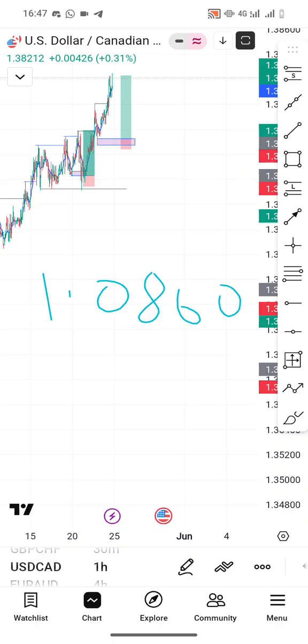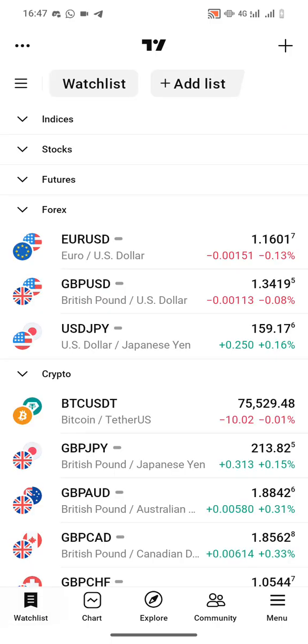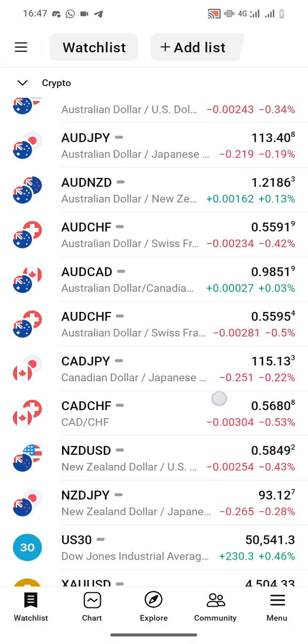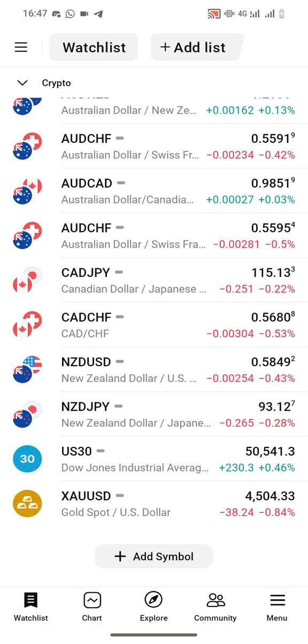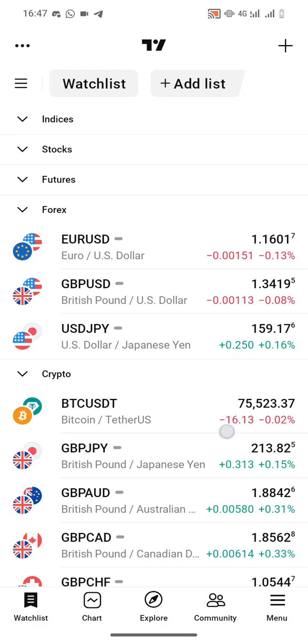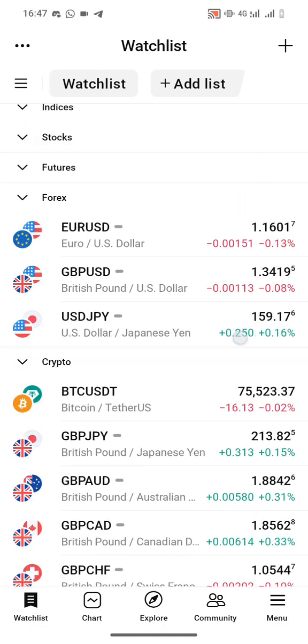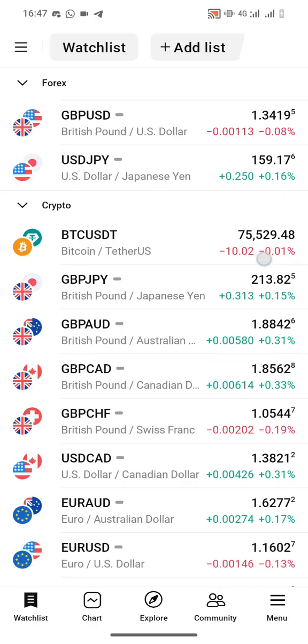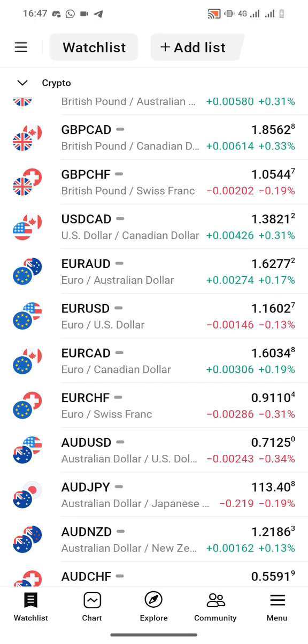Next we will be going into currency pairs. So let's delve into that and see what we have to say about it. All these are currency pairs, all these except US, AUUSD and US30. These are the top major currency pairs. That's what you are seeing right here.